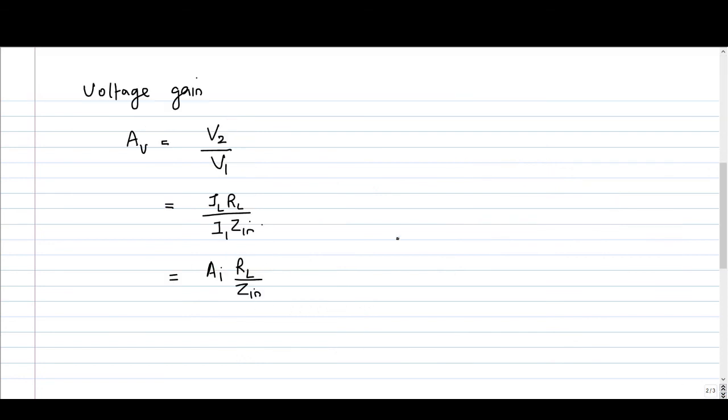Okay, then coming to the third parameter, it is voltage gain. Voltage gain is output voltage divided by input voltage, V2 by V1. And V2 is nothing but IL into RL, and V1 is I1 into Z in, because from the definition of Z in, we know Z in is V1 by I1.